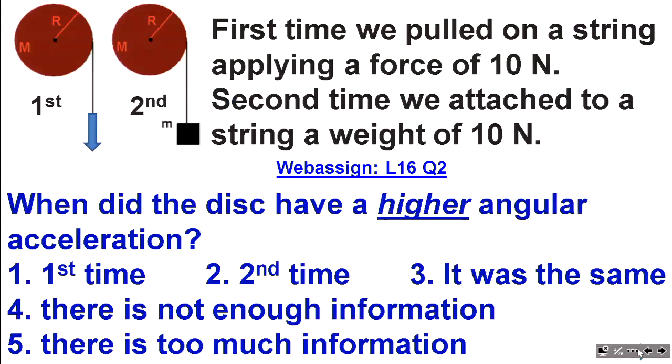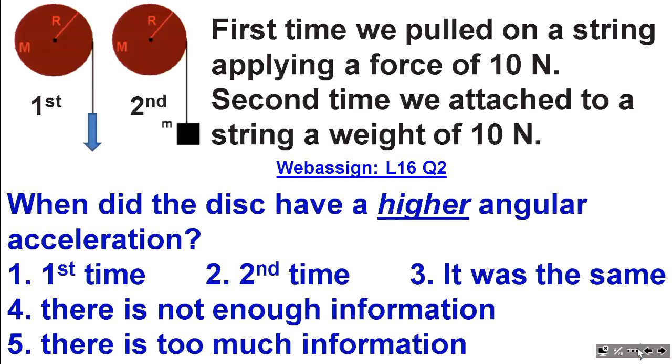Please take a look again, because I'm going to switch from this slide. Answer number one represents a situation when the higher acceleration is observed in the first experiment. Answer number two is for a case when higher acceleration is observed in the second experiment.